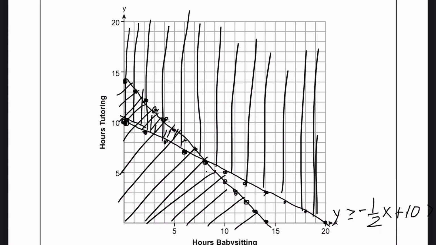And then lastly, it's just going to ask us for a combination of hours that worked. So anything in the shaded area is fine. There's a bunch of points to choose from.